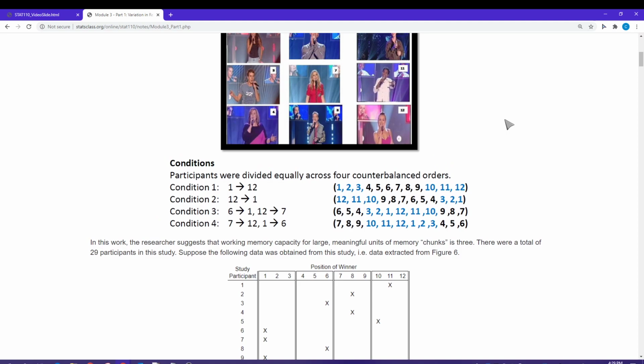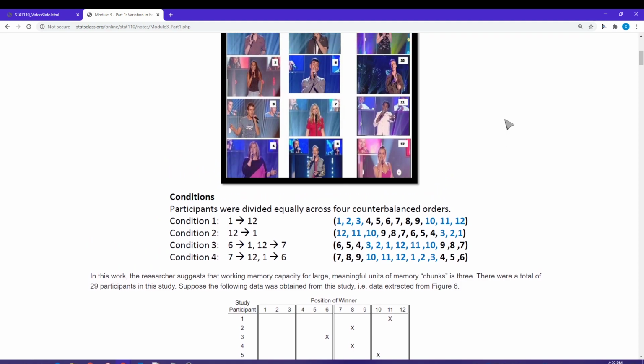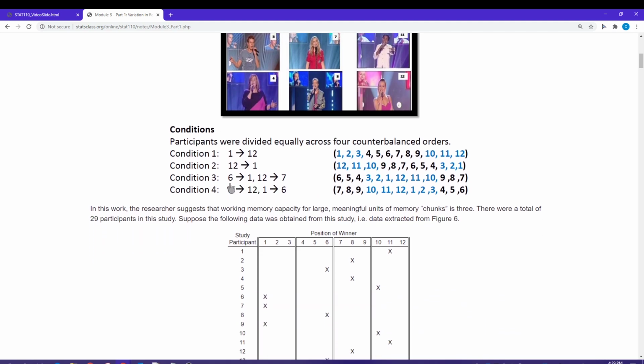So contestant 12 went first, and then contestant 1 went last. And then they had 2 additional, which was kind of a mix-up between those 2. So condition 3 was contestant 6 down to 1, and then 12 down to 7. And condition 4 was position 7 through 12, and then 1 through 6.